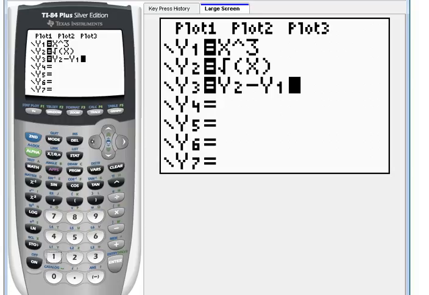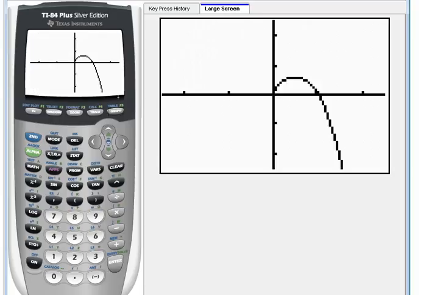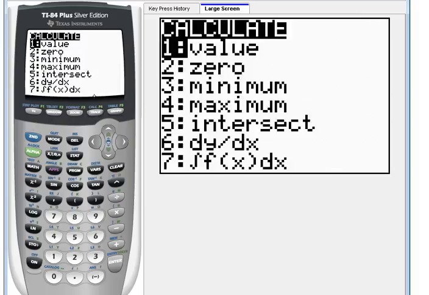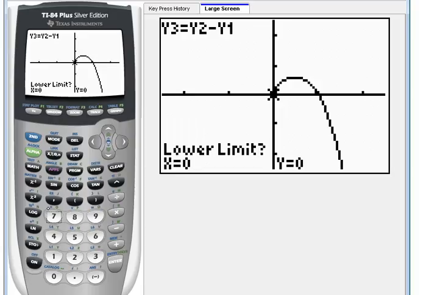And I need to turn off the other two graphs. And when I go and graph that, now I can see that that area there, even though it's not the same picture as I was working with before, that is the area I'm looking for. And if I wanted to find the area, I would do second, calc, number 7 for integral.